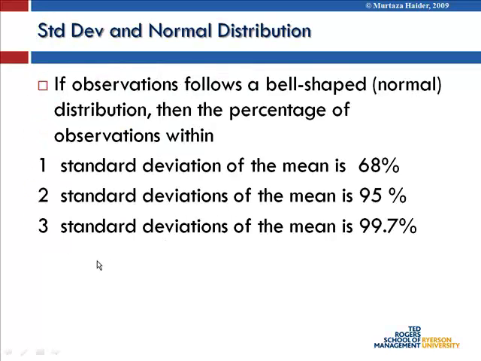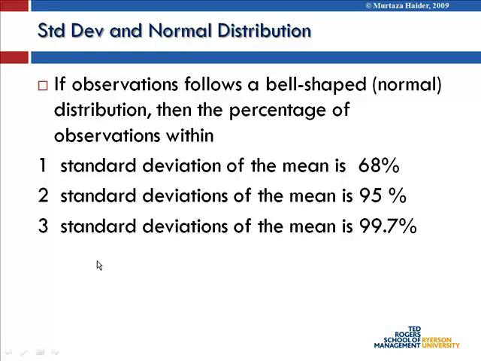Now, the standard deviation has a relationship with the normal distribution as well, and we will discuss the normal distribution later in our lecture on distributions. But it is quite possible that you are already familiar with it, because often people talk about the bell-shaped curve.